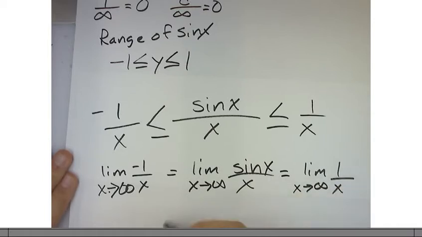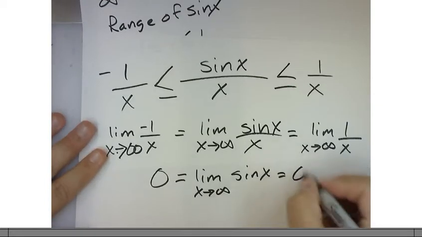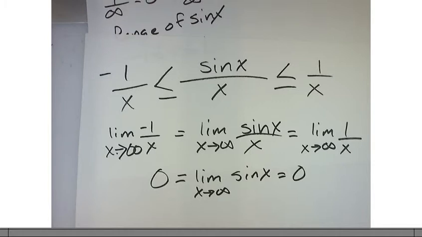And we just said that is 0 and 0. So if the function below is 0 and the function above is 0, then the limit of this is 0.